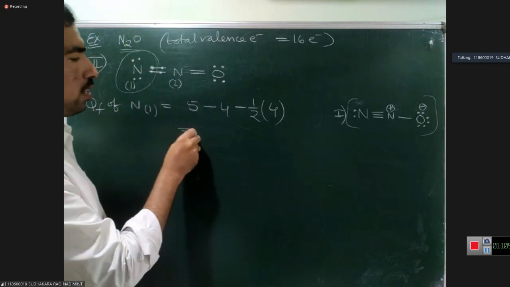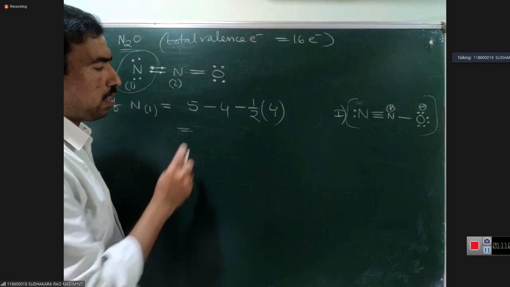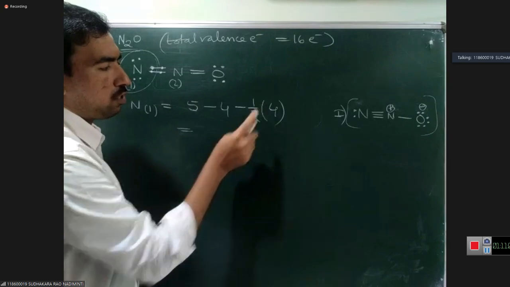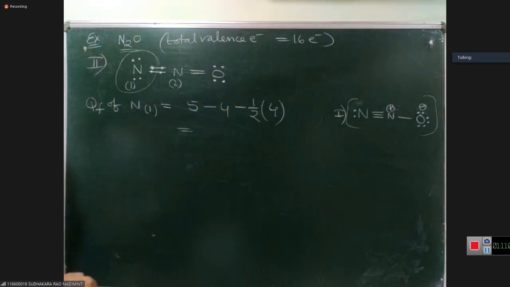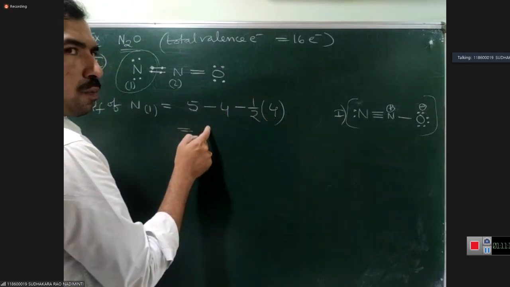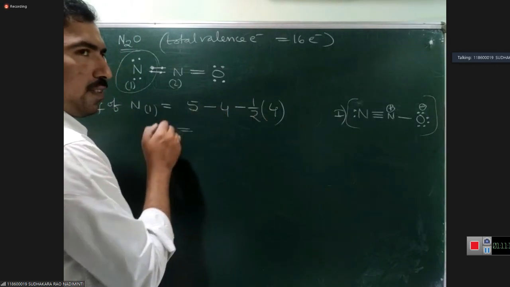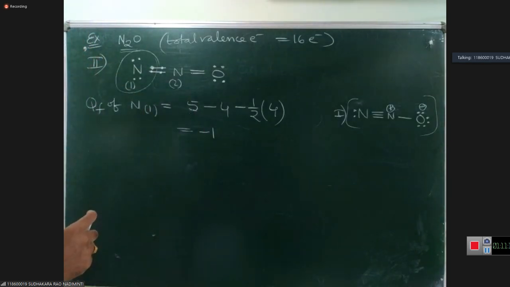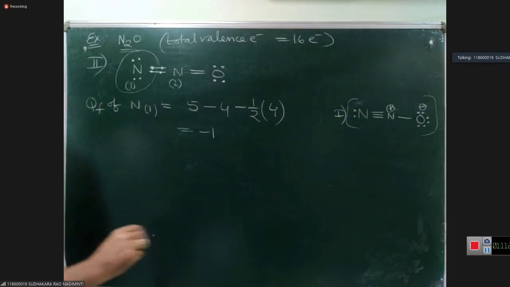You see how much it is? -1. This is how much? -2, -4, -6 plus 5, that is -1. So now the first nitrogen carries -1 charge.